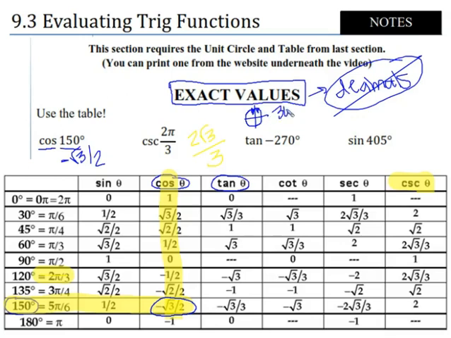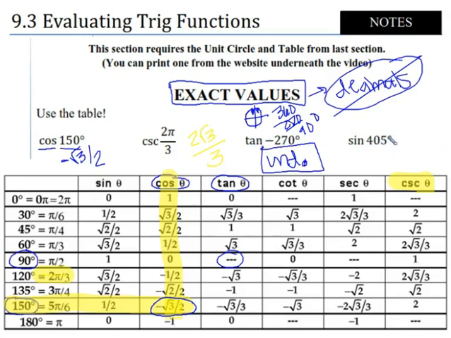So if I were to take 360 minus the 270, I would be left with 90 degrees. So we actually got to take a look at the 90 degree row here till we get to the tangent column, and it looks like it's undefined. We do not have a value for that degree measure, specifically looking at a tangent trig function.